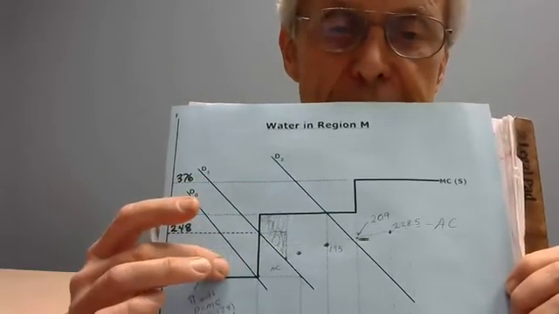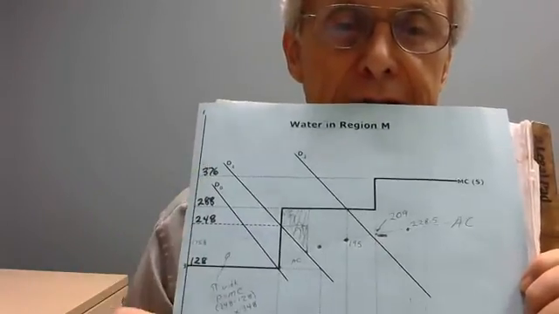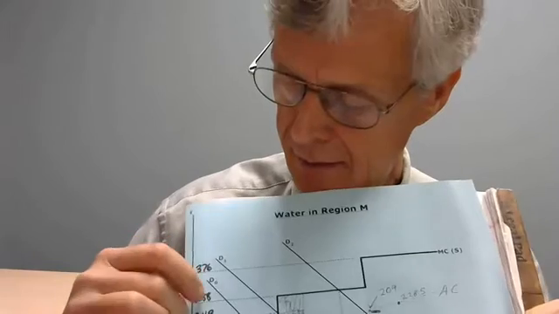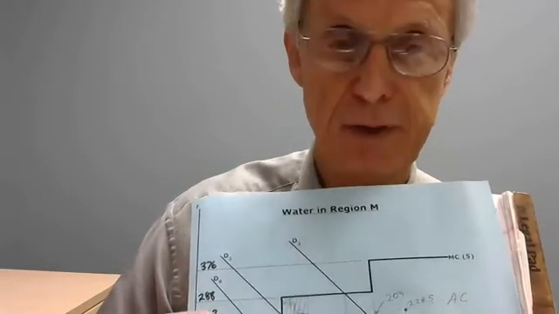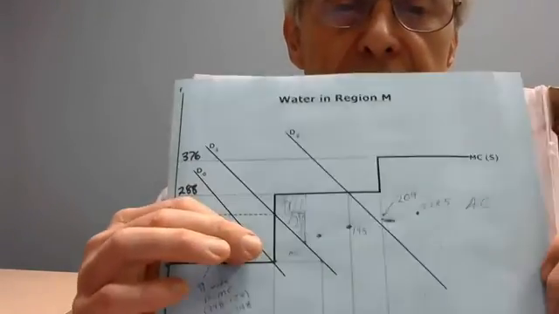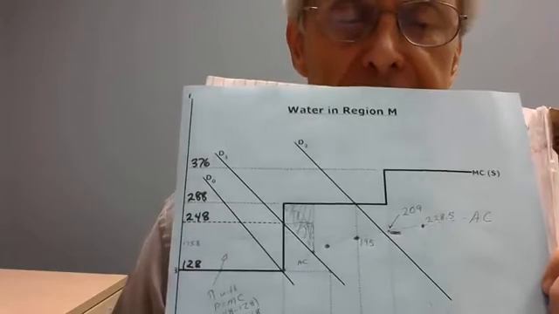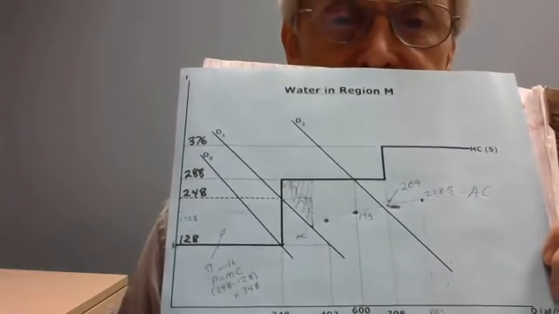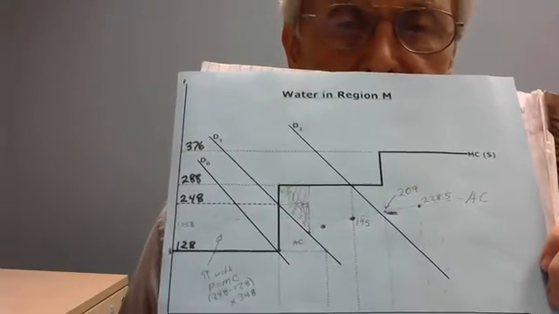So instead, what we do is we blend the expensive water, the $288 per acre foot water, with the $128 per acre foot water, and we get a blend price of $175.8 per acre foot.